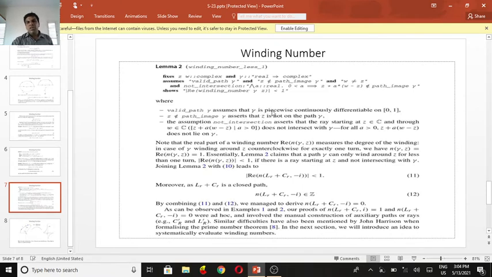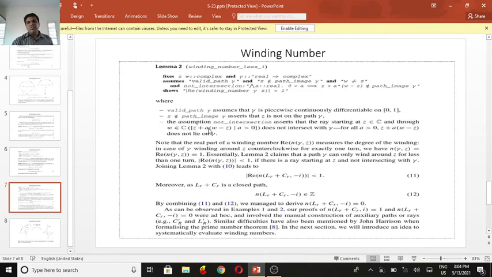Assume that gamma is piecewise continuously differentiable on the closed interval 0 to 1, and z does not lie on the path image of gamma.